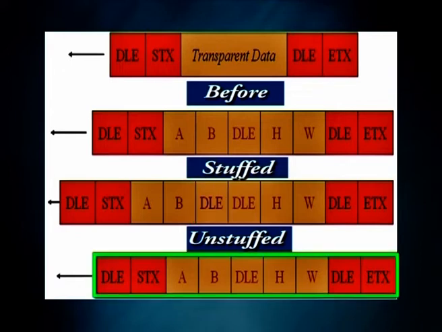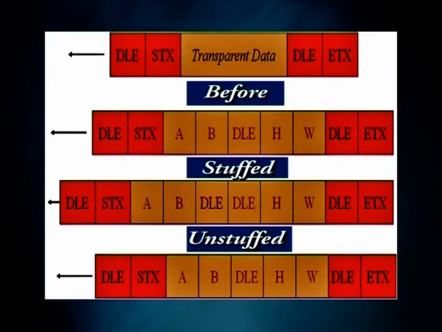The data link layer on the receiving end unstuffs the DLE before giving the data to the network layer as shown in this figure. The flag byte DLE and STX are inserted at the start and DLE ETX bytes are inserted in the end.